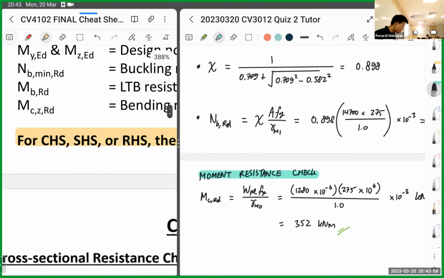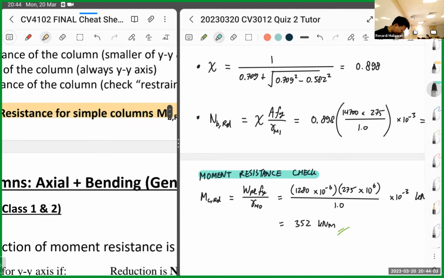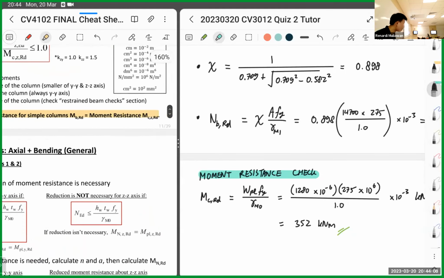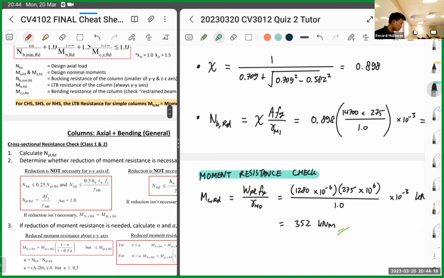So here, for CHS, SHS, or RHS, the LTB resistance for simple columns is equal to the moment resistance. Why is that so?